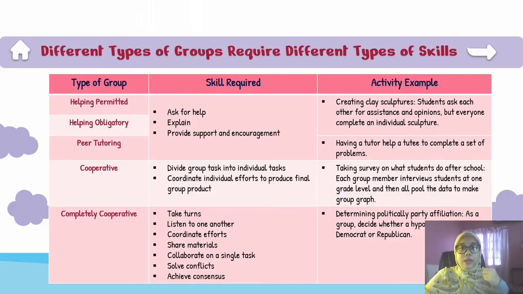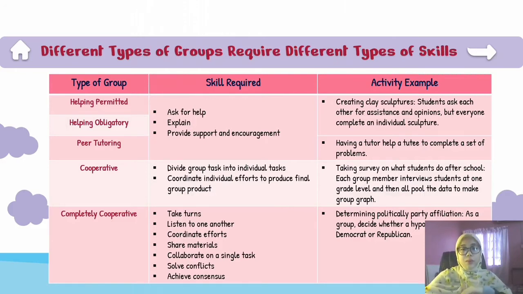For the first 3 groups, which are helping permitted, helping obligatory, and peer tutoring, the skills required are asking for help, explaining, and providing support and encouragement. They differ in activity examples: for helping permitted and helping obligatory it is creating clay sculptures, while peer tutoring is having a tutor help a tutee complete a set of problems.